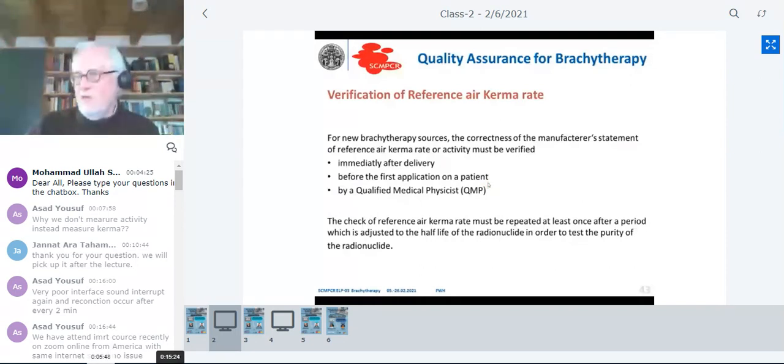So when you receive a source, the correctness of the manufacturer statements, the ones that I showed you, of the reference air kerma rate must be verified immediately after delivery of the source, before the first application on a patient. The regulations also say this must be done by a qualified medical physicist, not just by the janitor or whoever gets the source at the door. So this is a requirement in almost all countries that have regulations on medical physics.